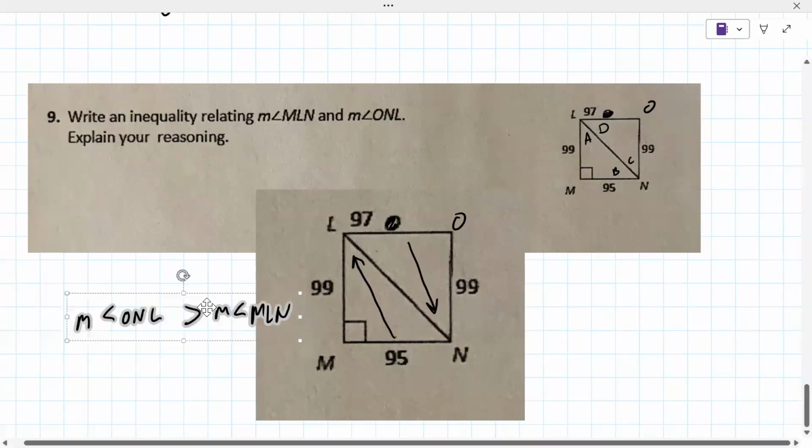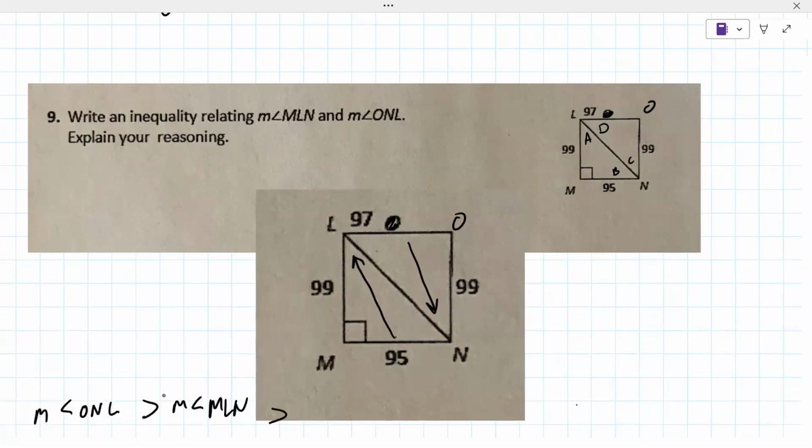But there's a little bit more that you have to add in here, which is that they're both greater than 0. Is that okay? Yeah.